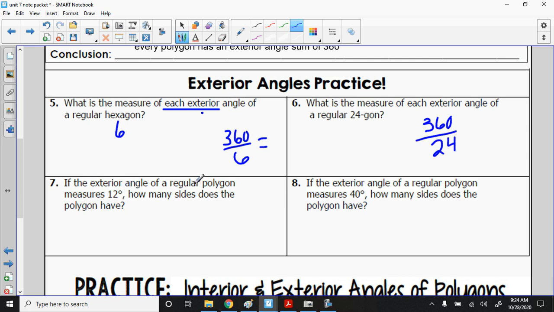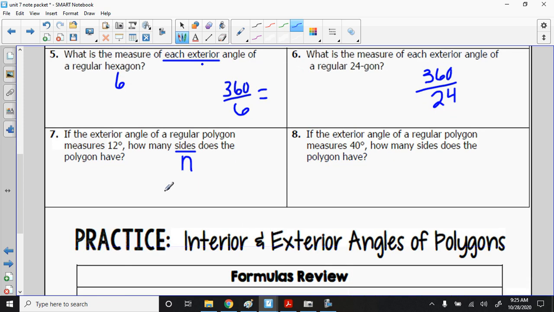If the exterior angle of a regular polygon measures 12, how many sides does the polygon have? If we're solving for sides, n is sides. We're going to take that formula, but we do not know the number of sides. So we're going to say 360 divided by n, which we don't know, but we do know it equals 12.